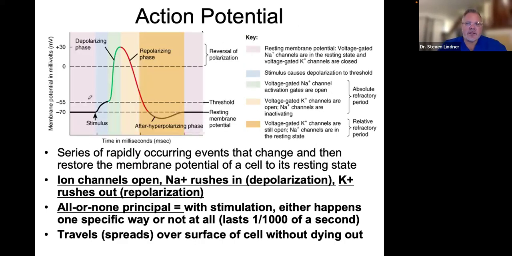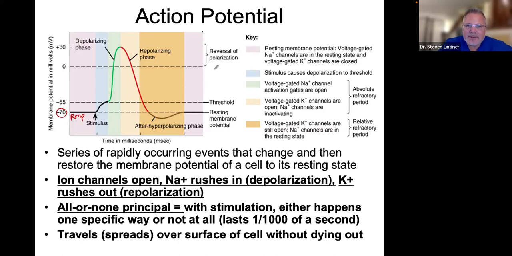So let's take a look again. This is what that video was explaining, and let's see if we can try and make it a little bit more clear and use that repetition model to help you understand what's happening. So minus 70, that's called resting membrane potential.